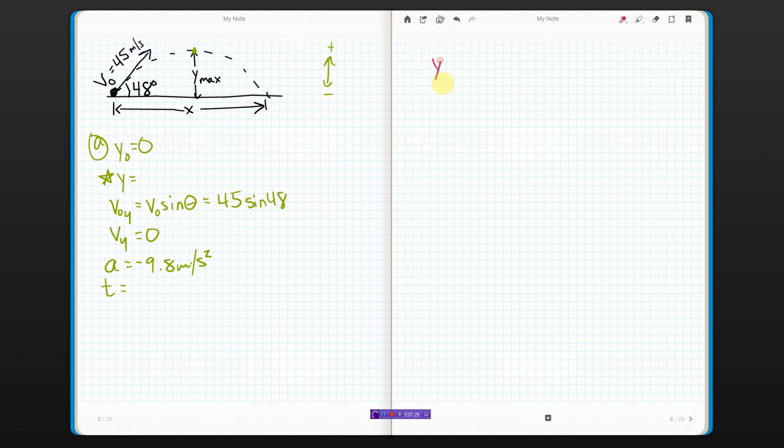No, that's wrong. I could find y directly with this equation. Sorry, wrong one. I could do this one. In which case this would be 0.